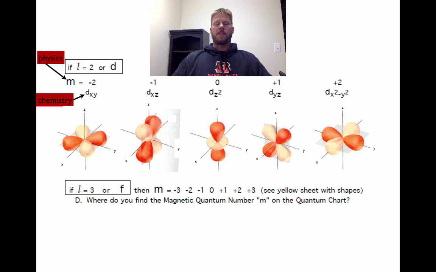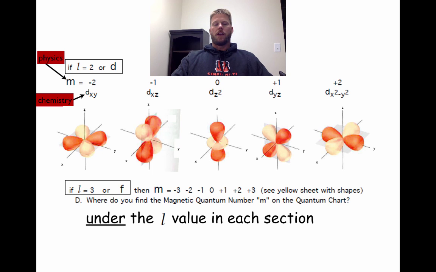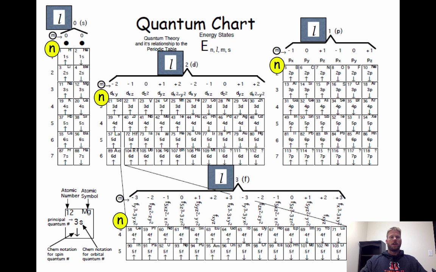So where do we find the magnetic quantum number on our quantum chart? They are under the L value in each section. So take a look. Underneath the L value, you will find the M values. We give you both the physics notation and the chemistry notation. The physics notation is the numbers, and the chemistry notation is the symbols or the letters.